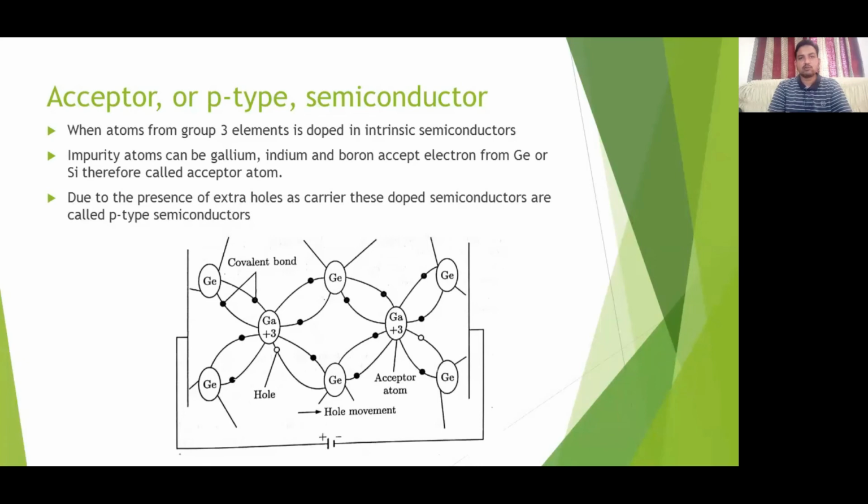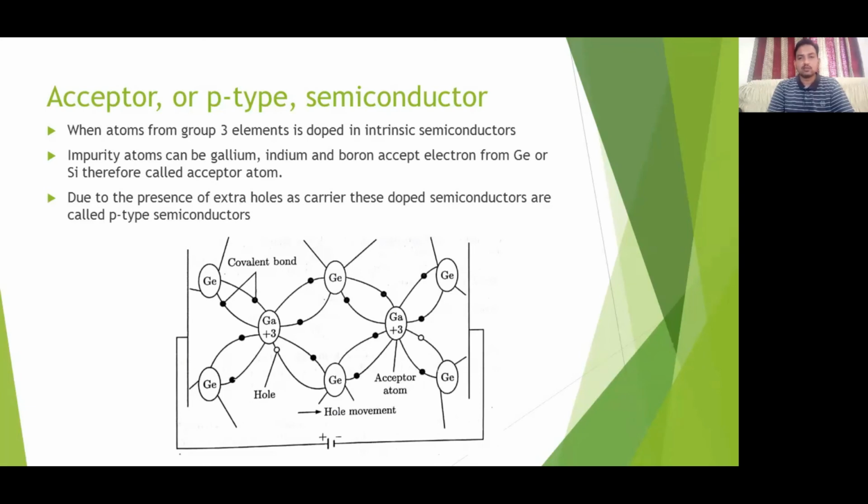And due to the presence of extra holes as carriers, the doped semiconductors are called, since holes carry positive charge, P-type semiconductors. So the majority charge carriers by which the conduction will occur are holes in case of P-type semiconductor, and the majority carriers are electrons in case of N-type semiconductor.